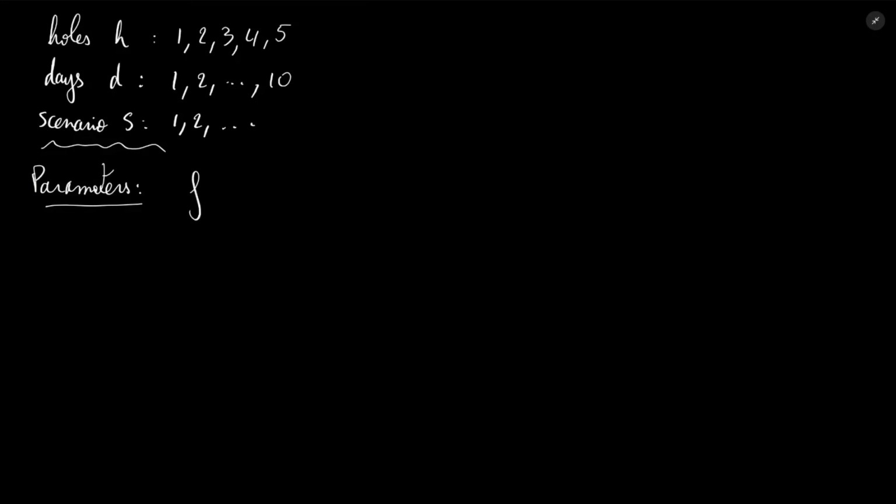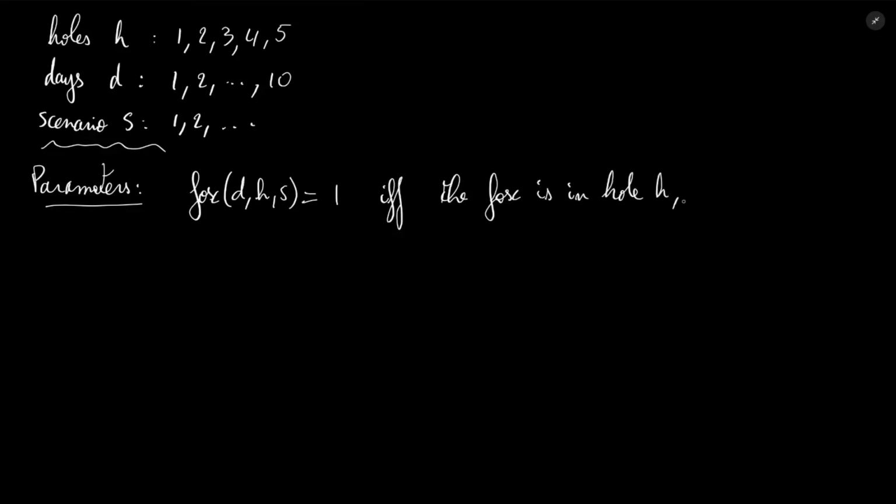We are going to call it fox DHS, and this parameter is going to be equal to 1 if and only if the fox is in hole H, in day D, in scenario S. So let's assume that we have this parameter that is telling us, for any given scenario, day, and hole, whether the fox is there or not.